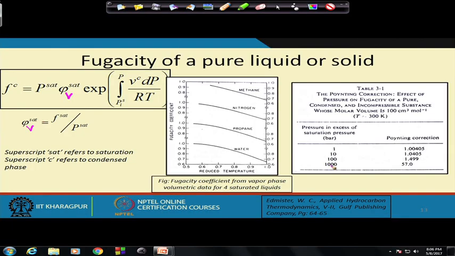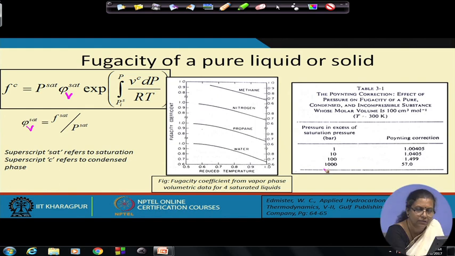Just to give you an idea regarding these two correction factors, I have a table and a graph with me. If you observe this particular table, what do we see? Here I have taken it from the book of Prausnitz, and there we have found that for the condensed and incompressible substances, the Poynting correction factor for 1 bar pressure, even for 100 bar pressure, is not high, but if we are dealing with 1000 bar pressure, then it becomes really high.